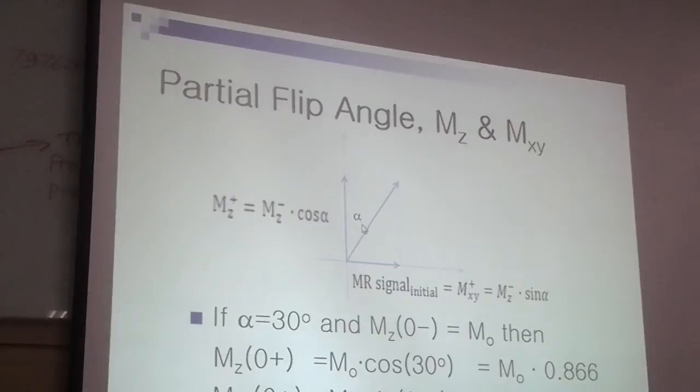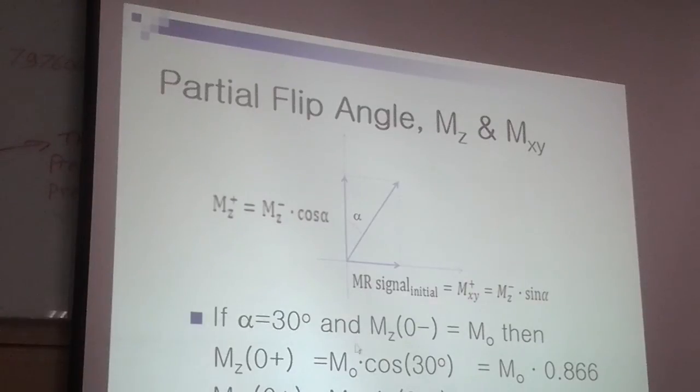When we use a large flip angle, for example 90-degree RF pulses, we can get the maximum signal when TR is relatively long compared to the T1 relaxation time, because almost all the magnetization recovers to the equilibrium state. Then the next signal is maximum when the flip angle is 90 degrees, as I explained before.